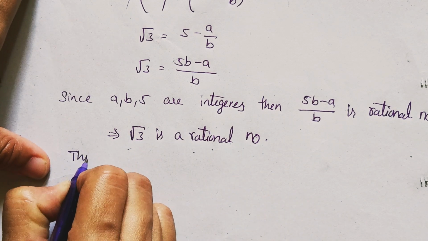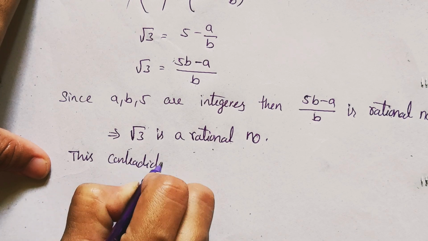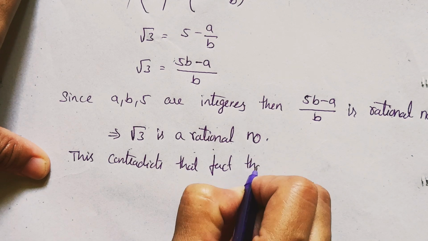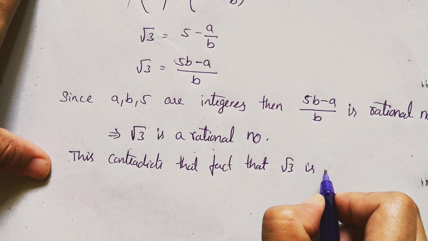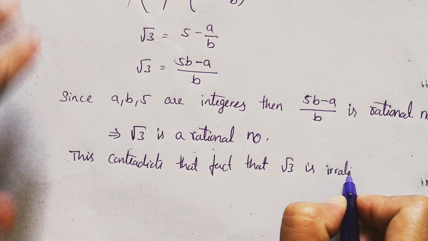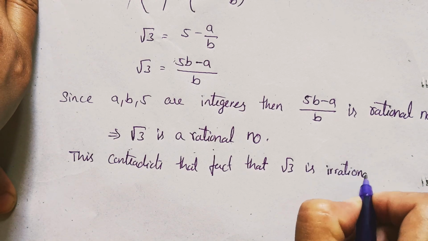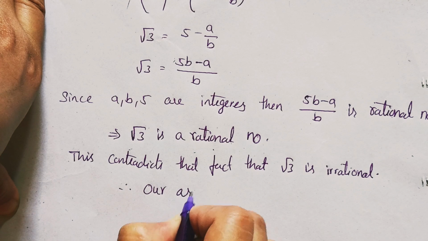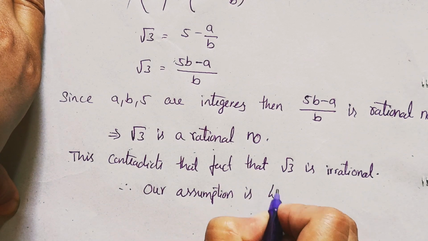So this contradicts the fact that root 3 is irrational. Therefore, our assumption is wrong.